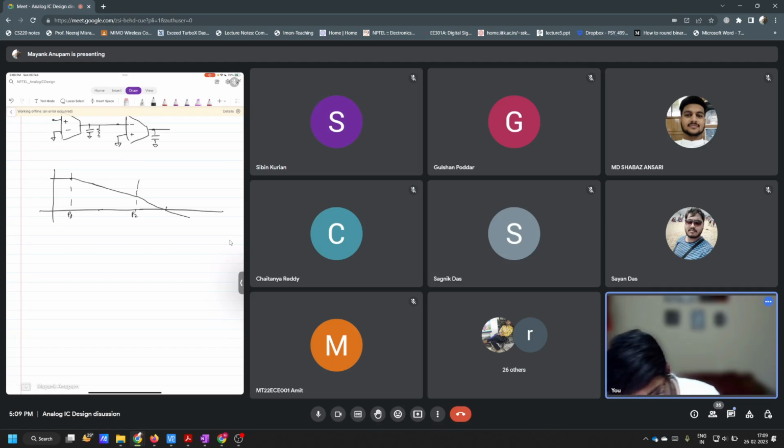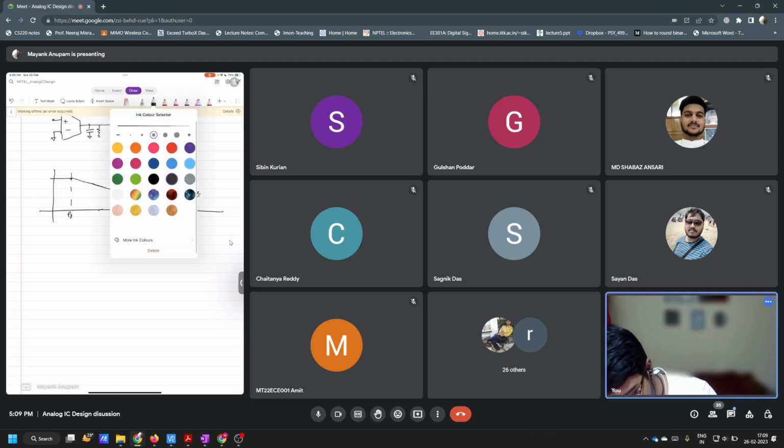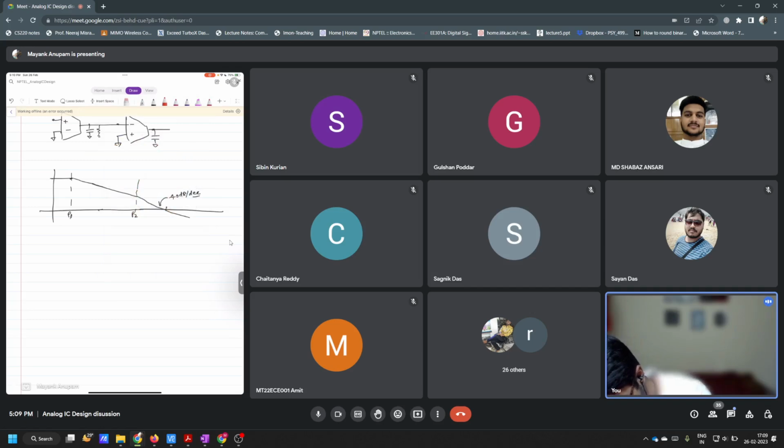Okay. Clearly here the slope is what? Minus 40 dB per decade, correct? Without any compensation. But what Miller compensation did is that it made the following thing happen. This is now P1 prime with Miller compensation, and after this it will start dropping. This P1 was shifted back, right?